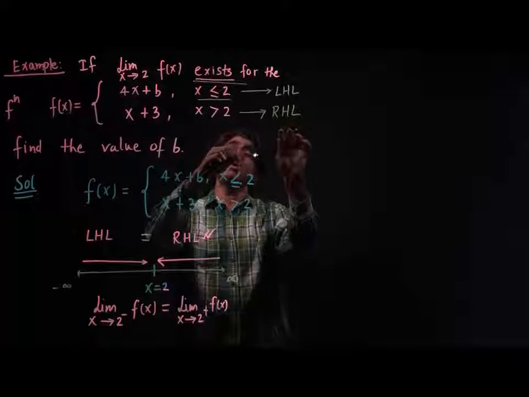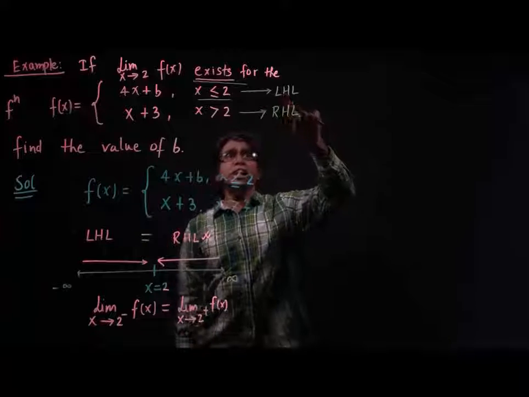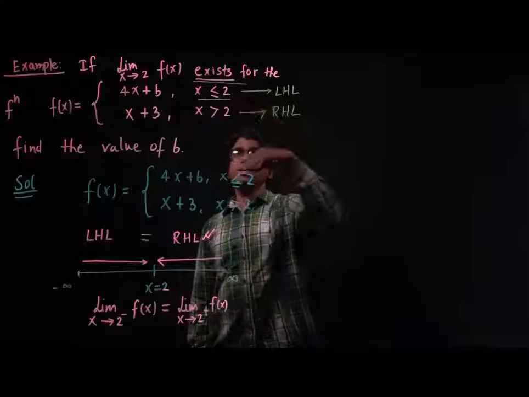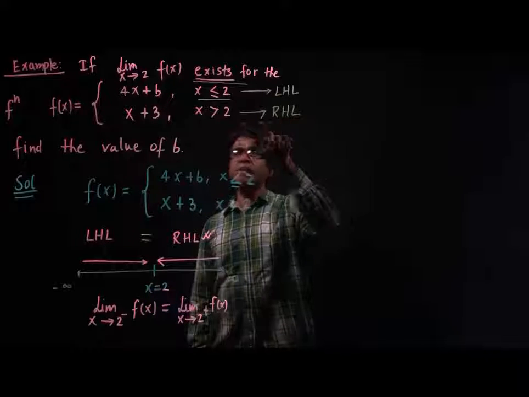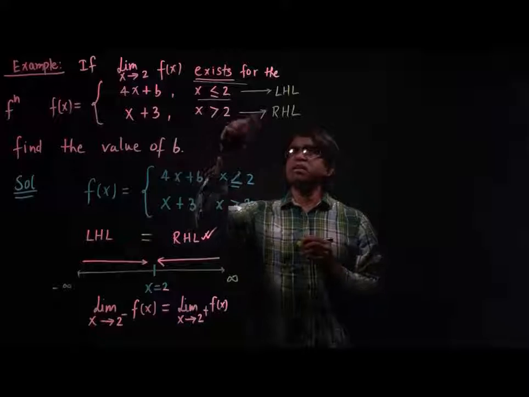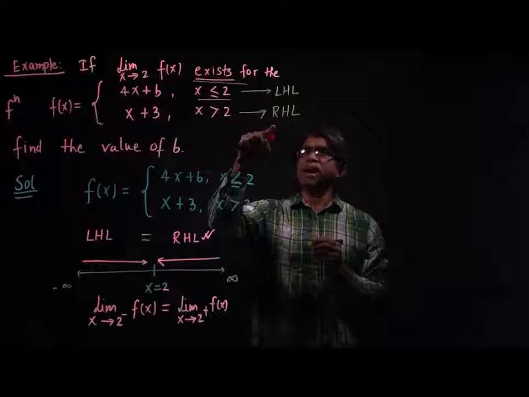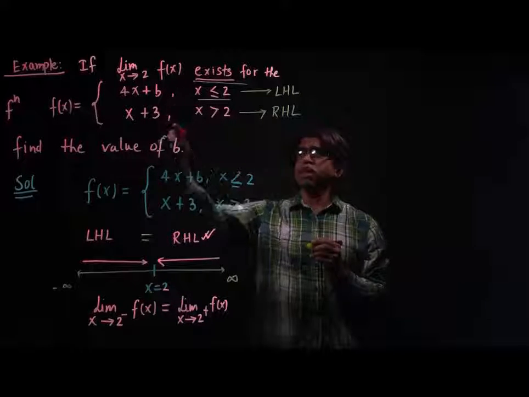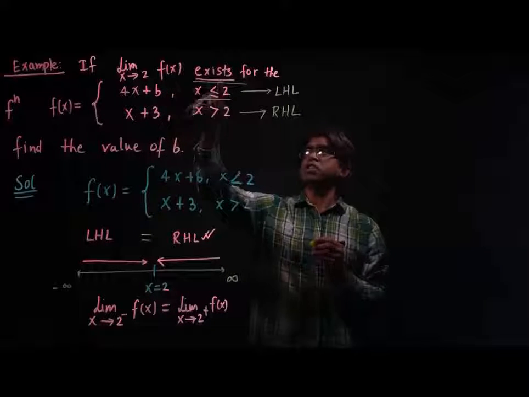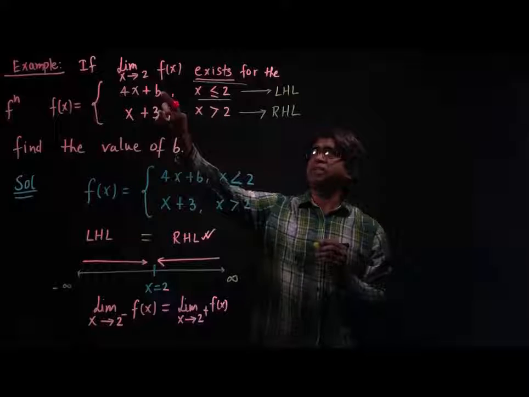So for the left hand limit we use this part of the piecewise function, and for the right hand limit I'm using this other part. Both should be equal in order for the limit to exist at x tends to 2.